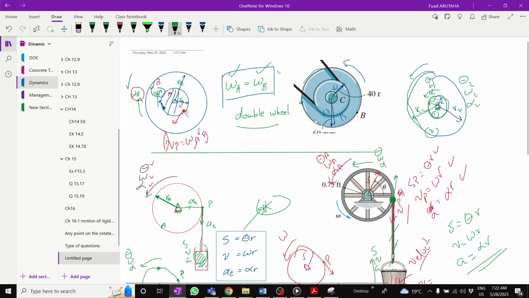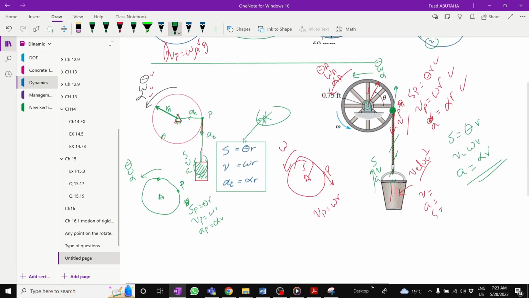If you have this type of question, two disks with two radii connected at the same time, you need to know that the omega of the first one is the same as the omega of the second one.